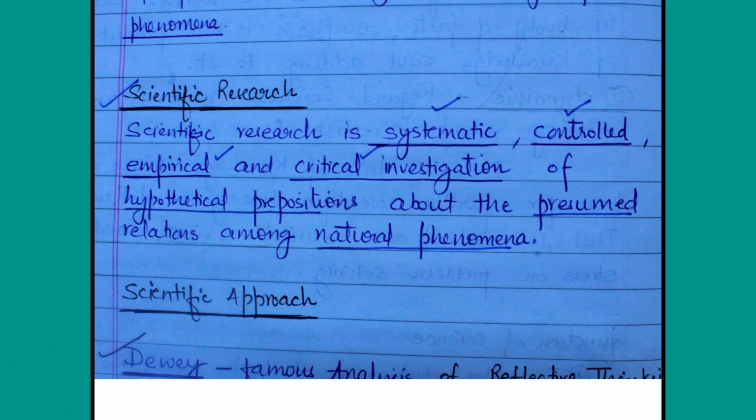We will test it through our systematic, controlled and empirical critical investigation using the research design, and then we will test the hypothesis about the presumed relation among natural phenomena, and then we will conclude, oh, this has happened due to this. For example, if the temperature increases, then disease infestation is more. This is the problem I am studying.